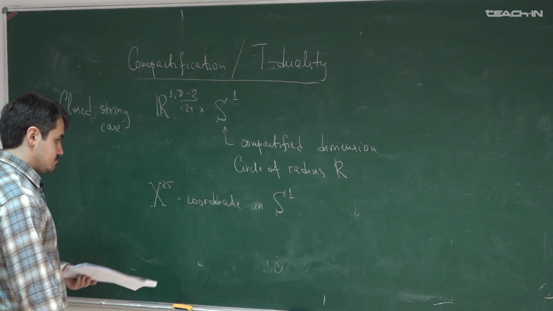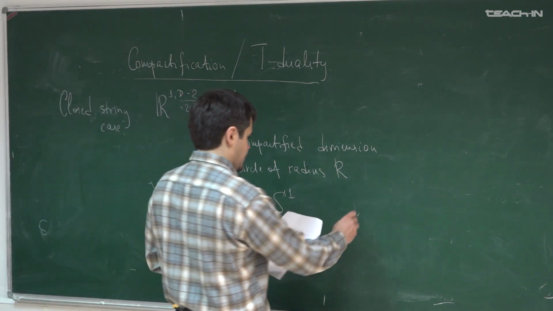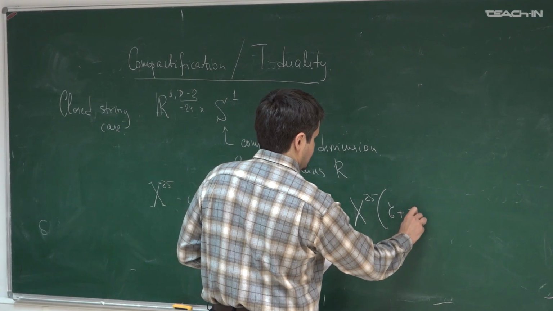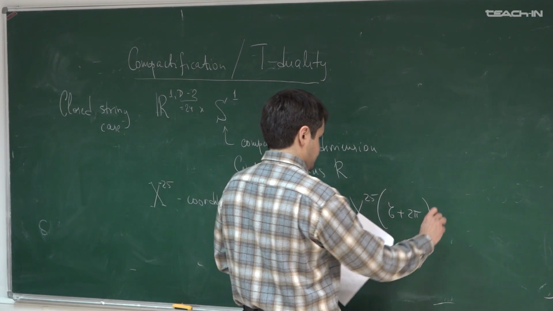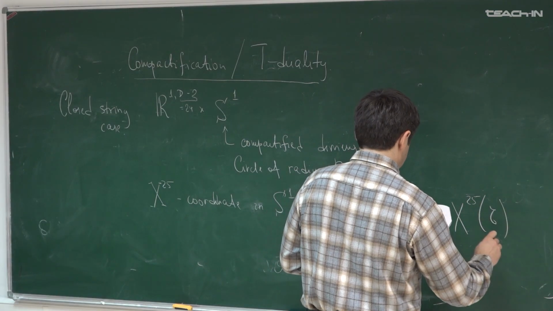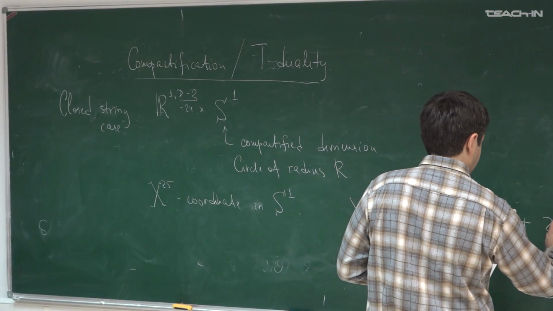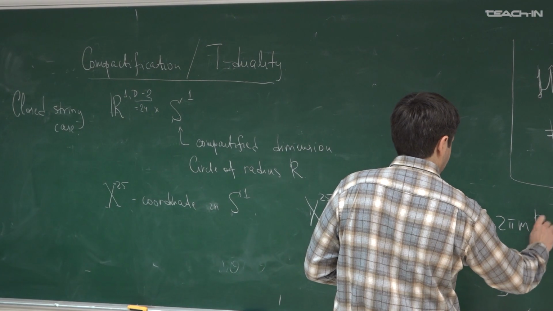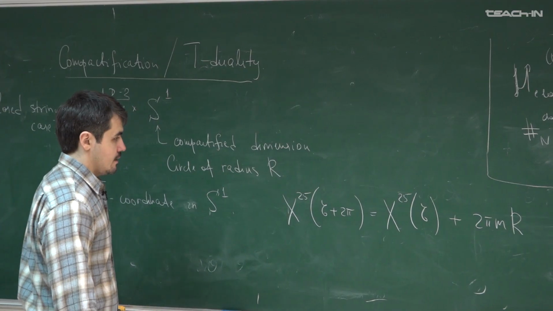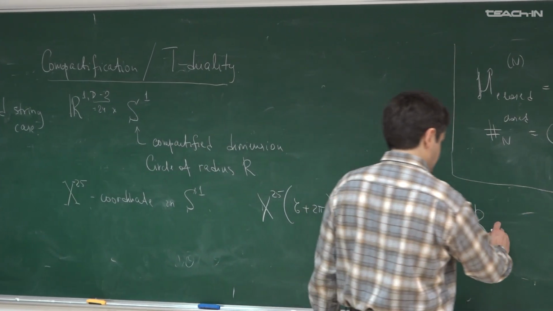So we will say that x25 at sigma plus 2 pi is shifted by 2 pi m r, where m is an integer.